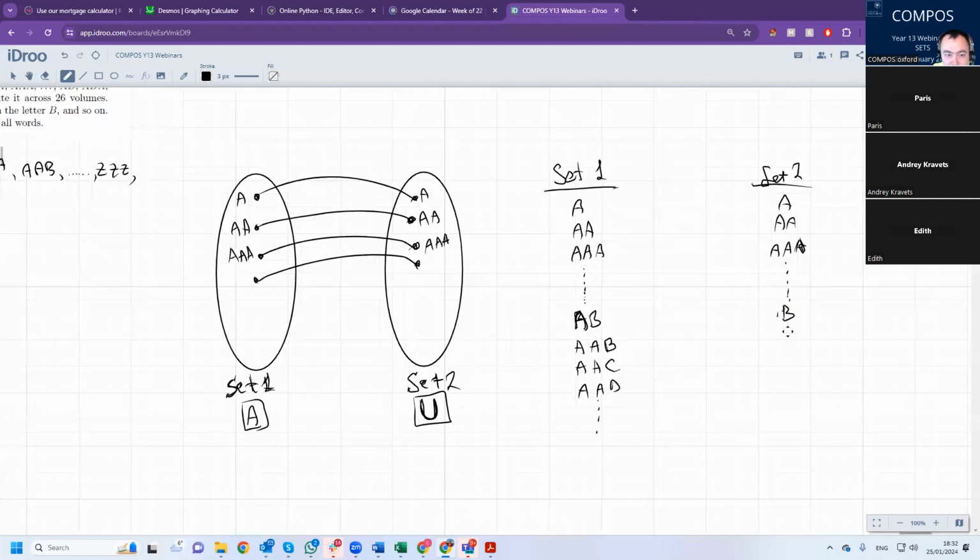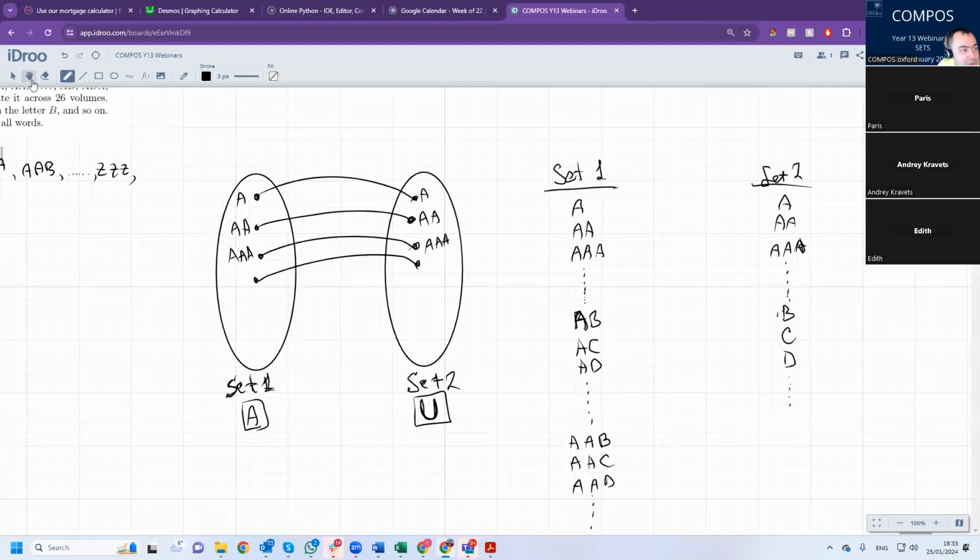Then we have C. Oh, I forgot this one. AC, AD, etc. B, C, D, etc.